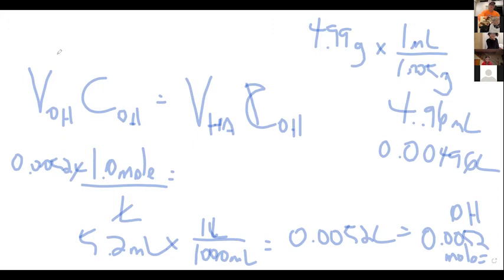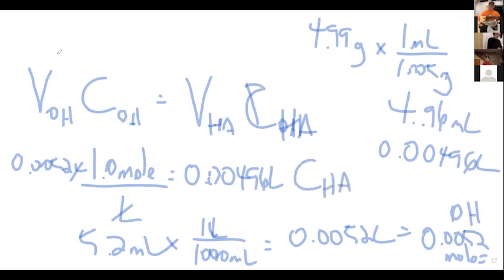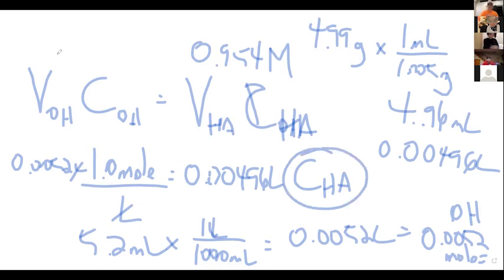So that's my volume, 0.00496 liters, times the concentration of acetic acid. If I move everything around, my concentration is 0.954 molar. That's my concentration of acetic acid.